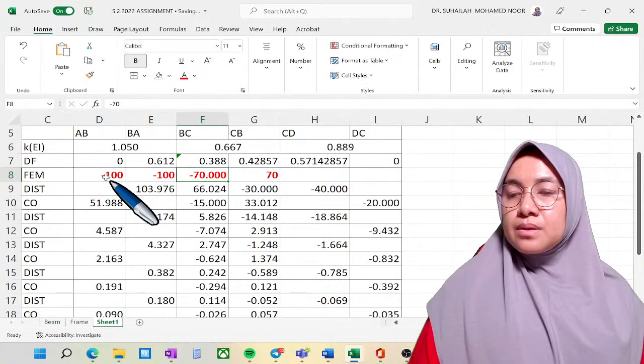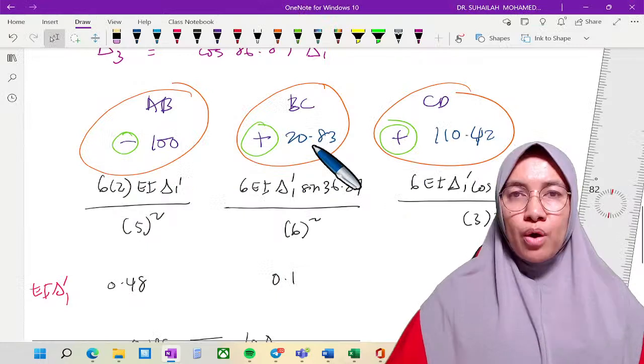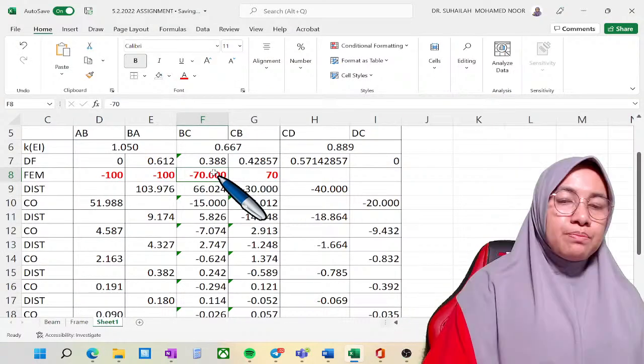Then the second value is positive 20.83.